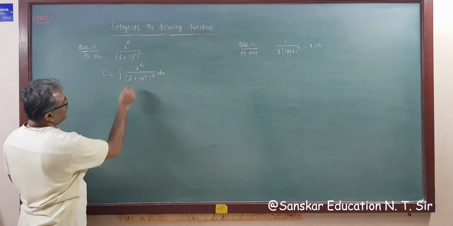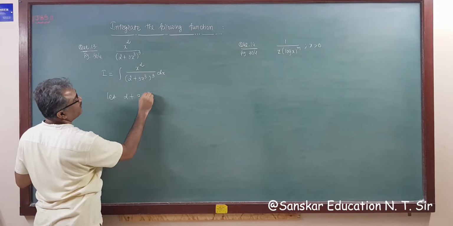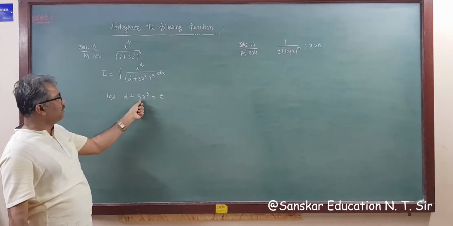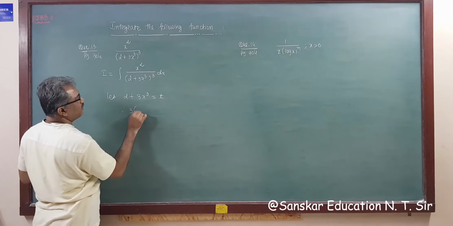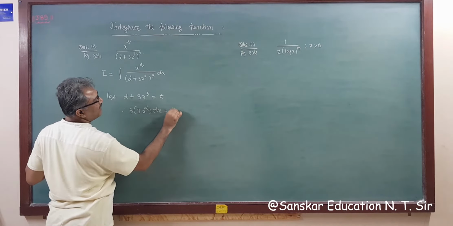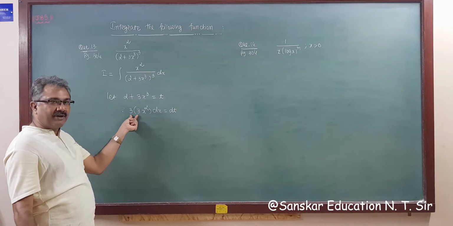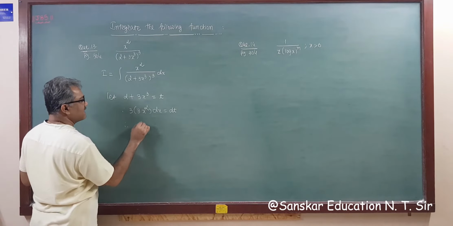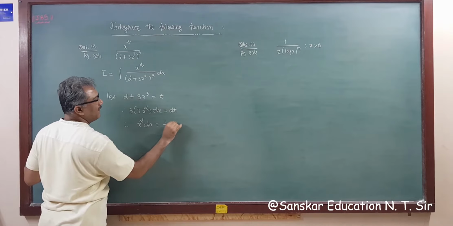So let 2 plus 3x cube is equal to t. Differentiating, the constant gives 0, and the derivative of x cube is 3x square, so 3 into 3x square dx is equal to dt. We have only x square, so divide by 9 on both sides: x square dx is equal to 1 upon 9 dt.